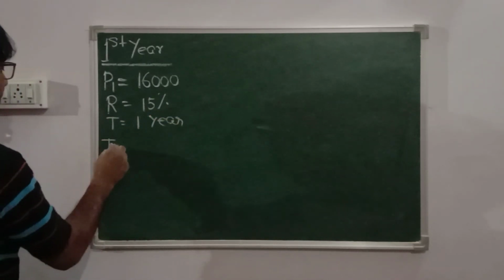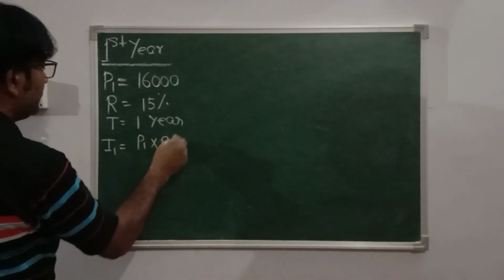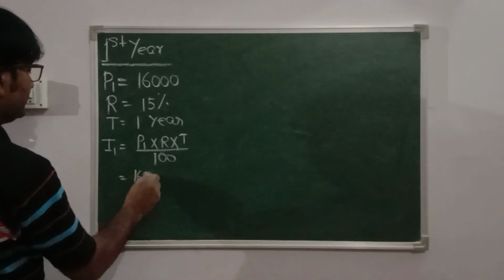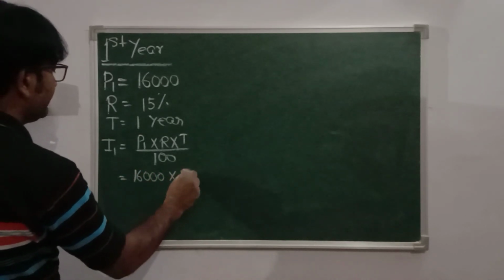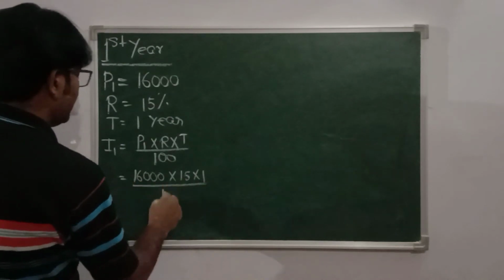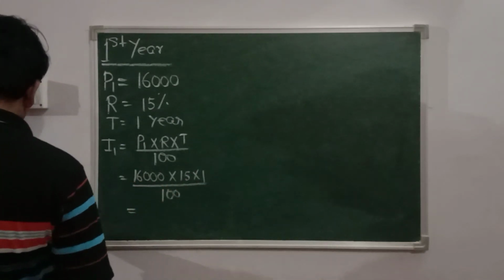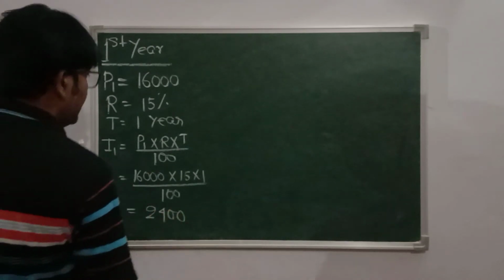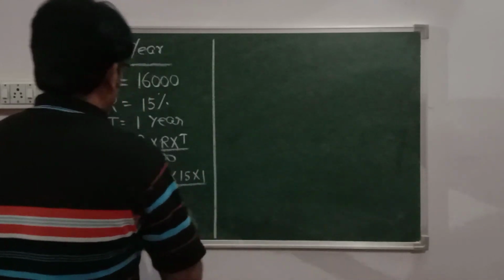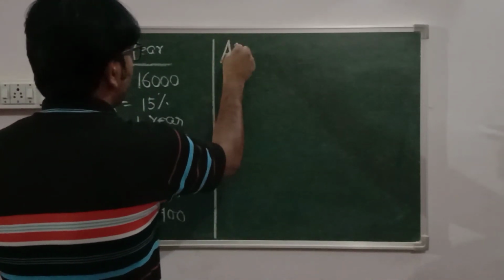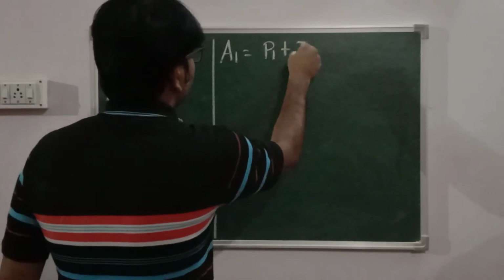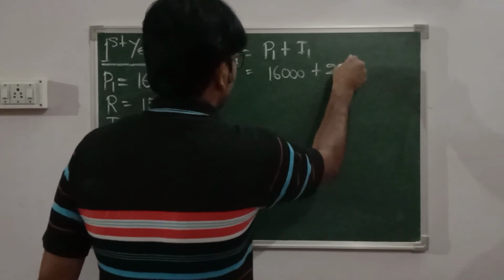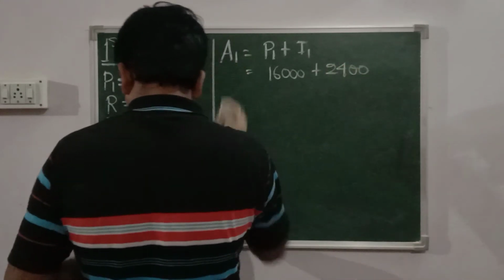So we have the interest I1 is P into R into T by 100, and that is equal to 16,000 into rate 15 into 1 by 100, and that is coming to 2400. So 2400 is the interest for the first year. Now what is the amount? It is obviously the principal plus interest. The principal is 16,000 plus 2400.